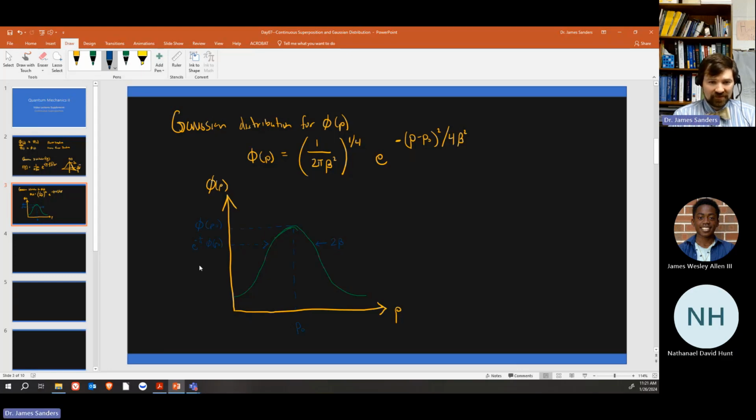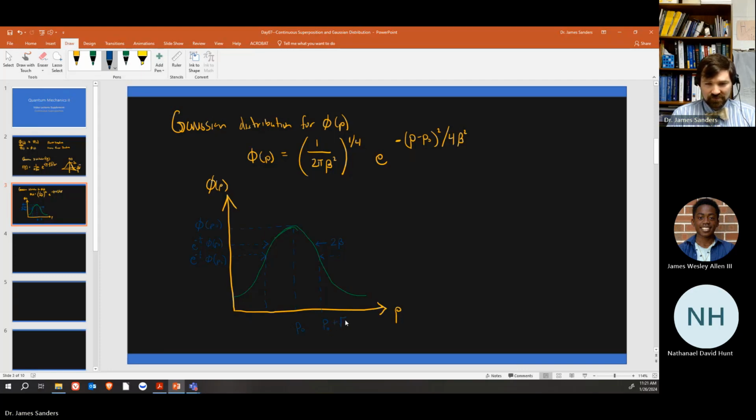Okay. And then our e to the half is right in here, e to the minus 1/2 phi of p naught. And this right here, we drop down onto these axes. This is like your standard deviation.